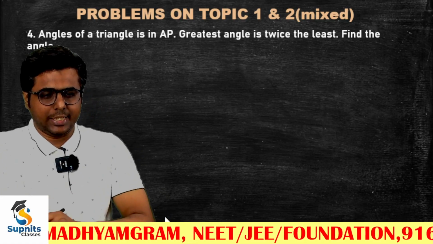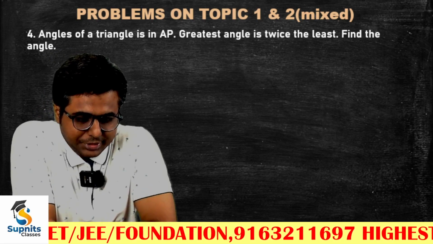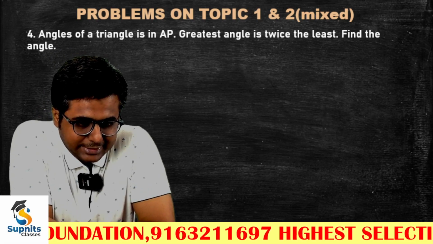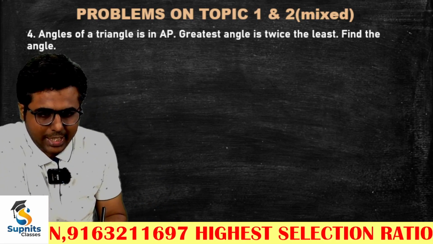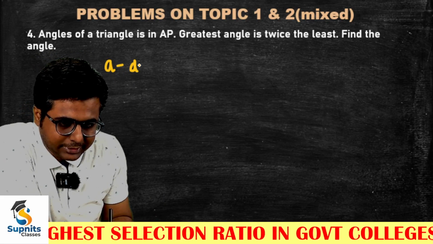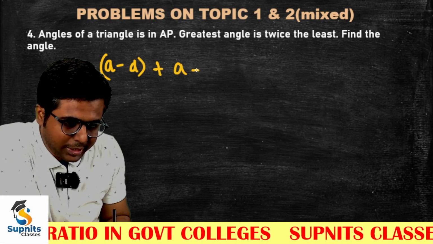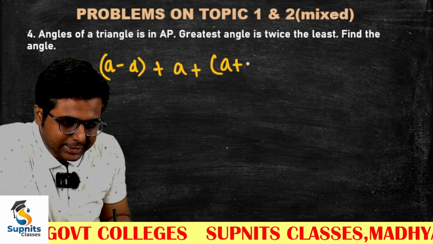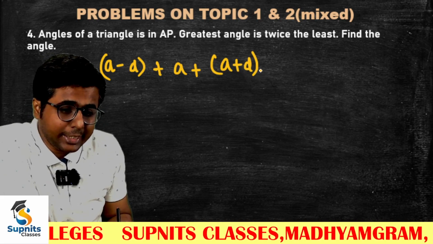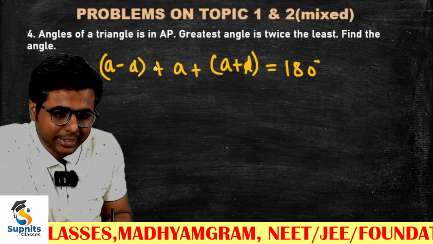Angles of a triangle are in AP, very good. Greatest angle is twice the least. As the angles of a triangle are in AP, I can write A minus D is one of the angles, A is one of the angles, A plus D is another angle, correct? And the summation will be 180, we know that, correct?